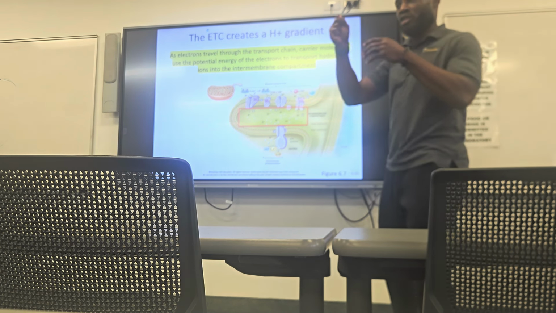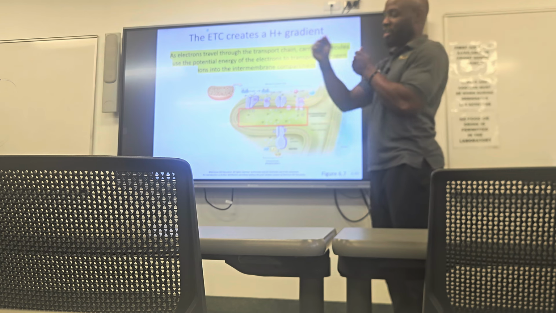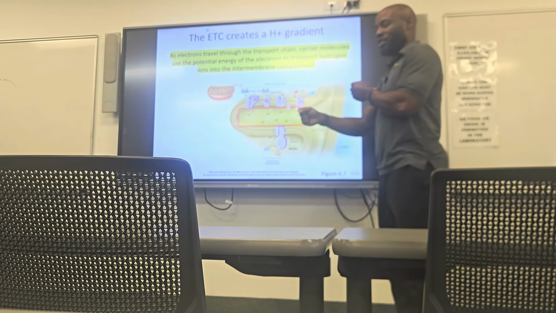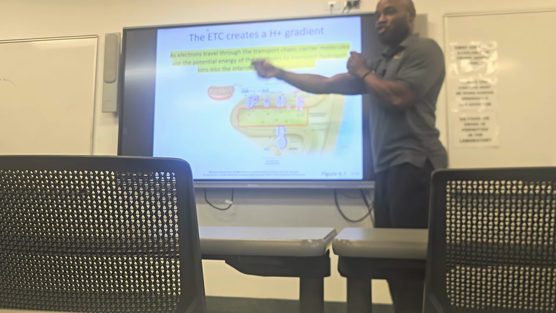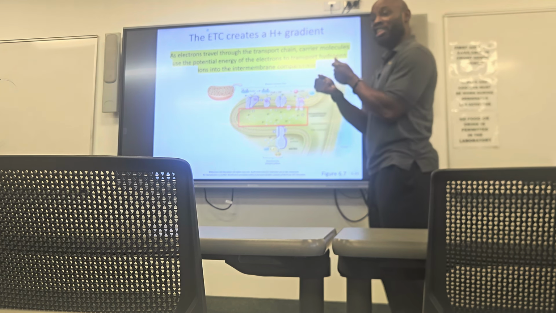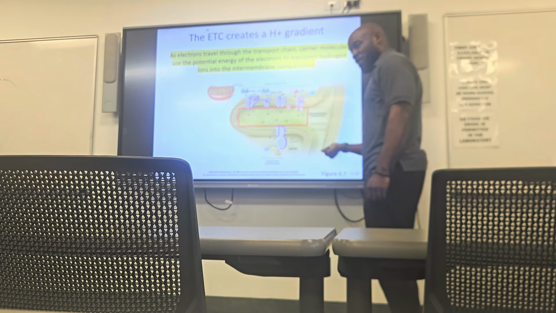Remember, electrons are bound to different molecules. When you break that connection, you release energy, and you're transferring that electron. Every time you transfer that electron, you're releasing energy. That energy is harnessed by the mitochondria to make ATP.